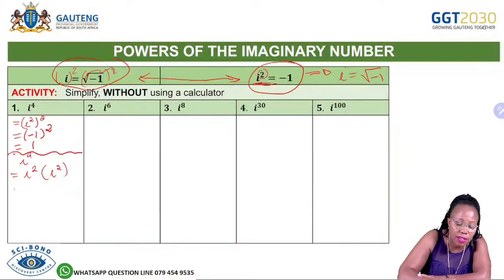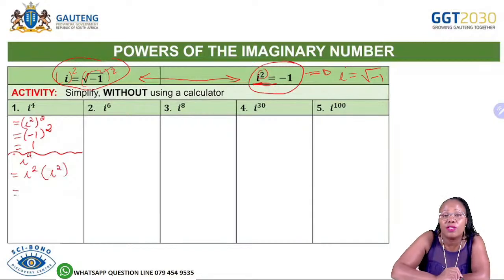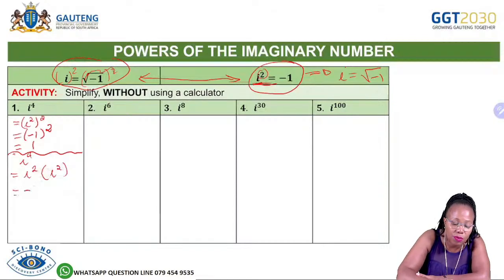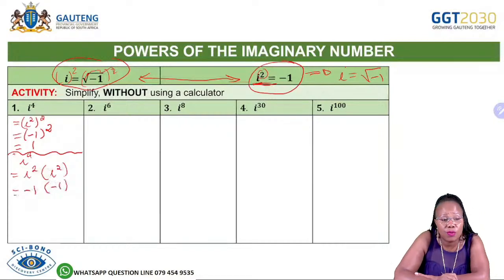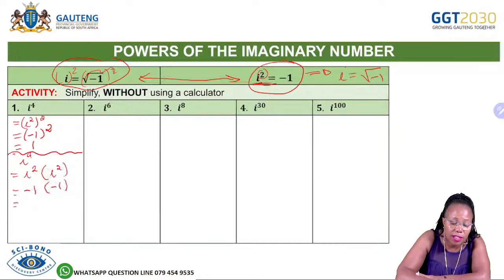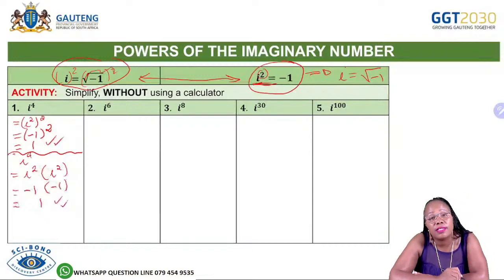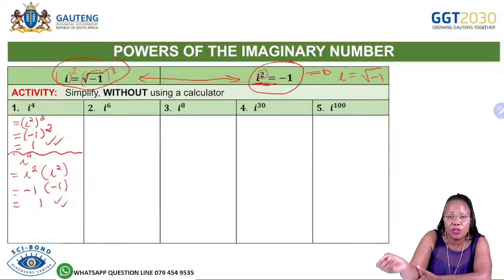In this case, now we have 2 i squareds, so we are going to substitute a minus 1 for that i squared, and a minus 1 for another i squared. And then this now is a negative 1 times a negative 1, which is a positive 1. So we end up with the same answer as the previous one. Those are the alternative solutions that you can have for number 1.